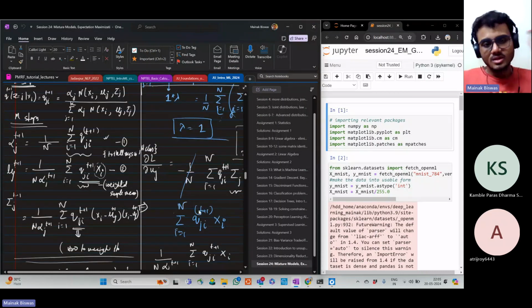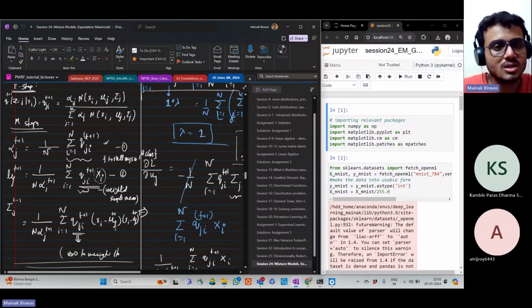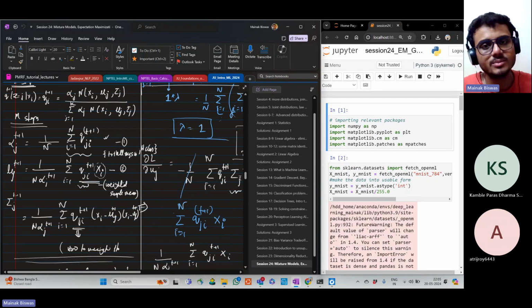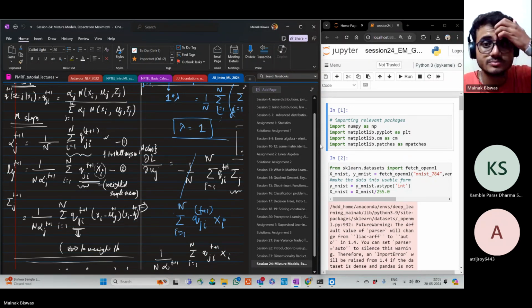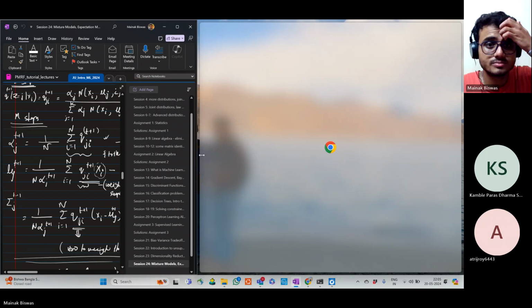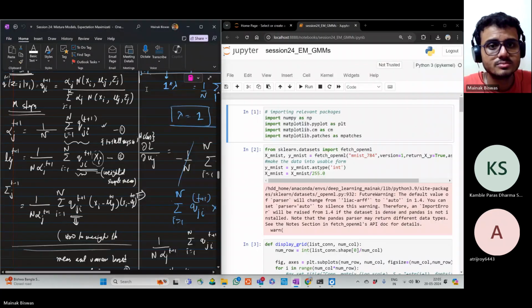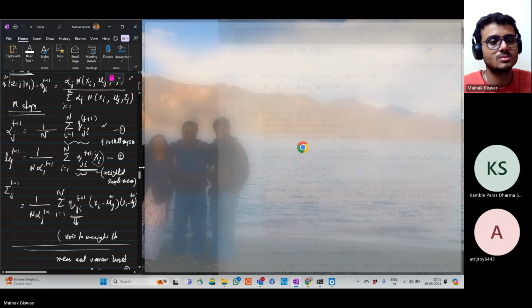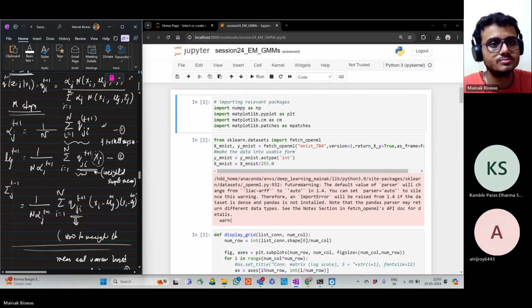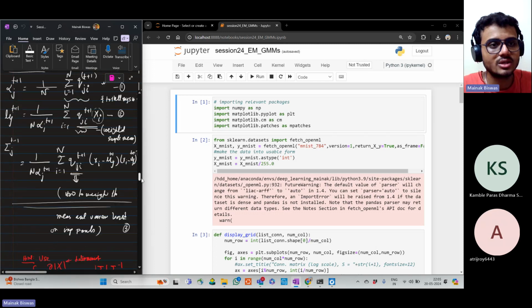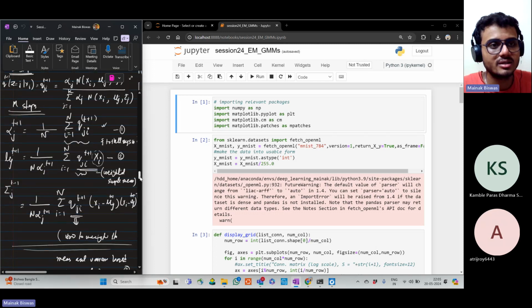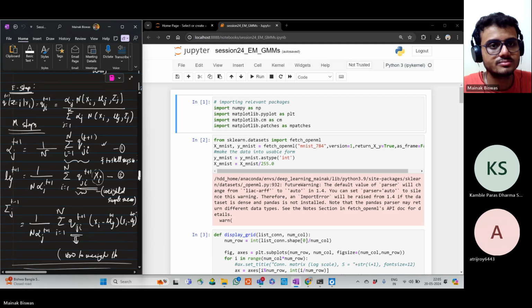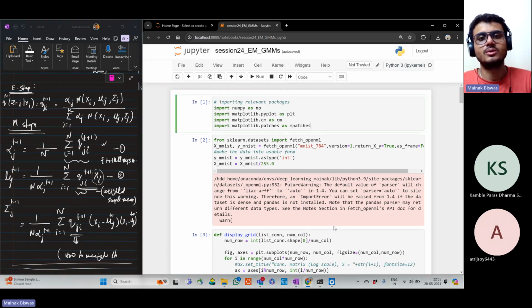Here you go, so these are the equations. I'll just breeze you through them. You can see the equations on the left and the code on my right, right? Yes.